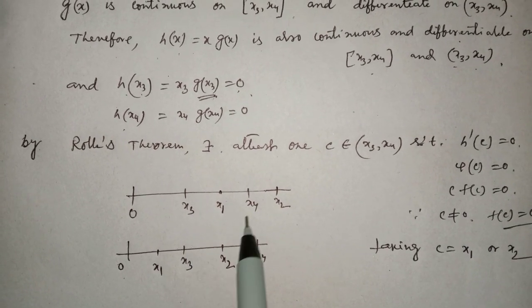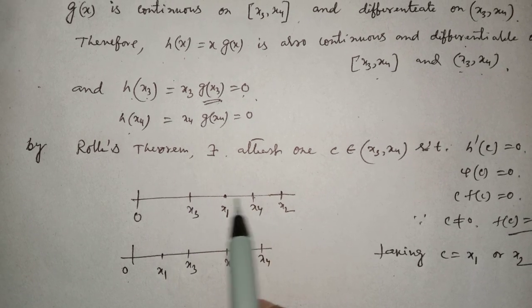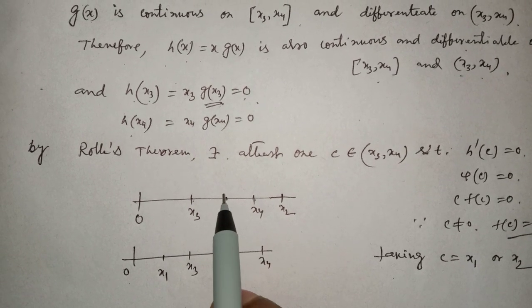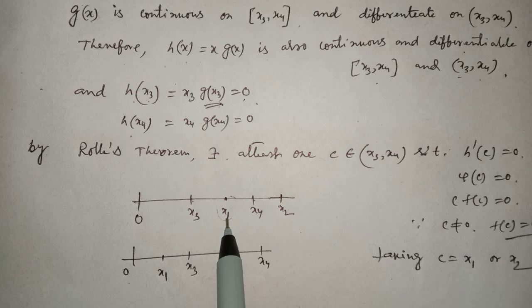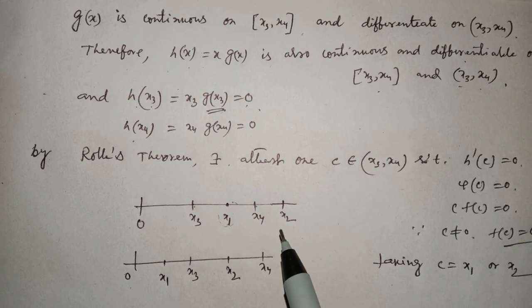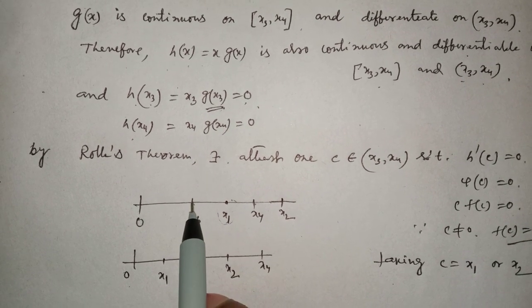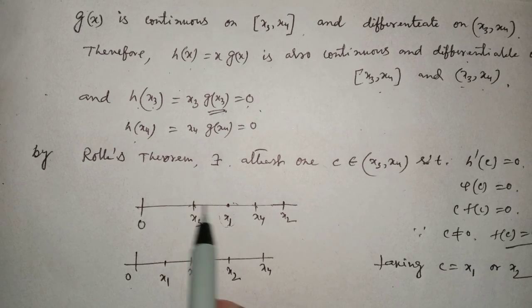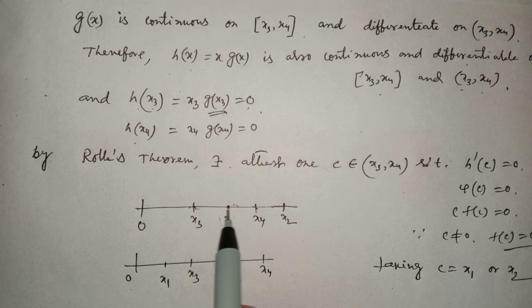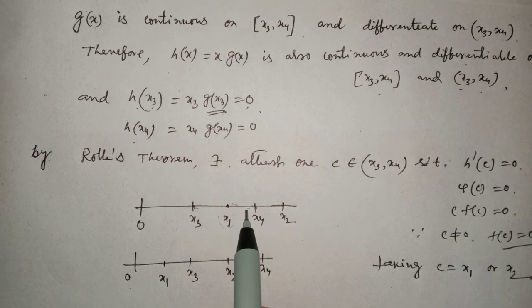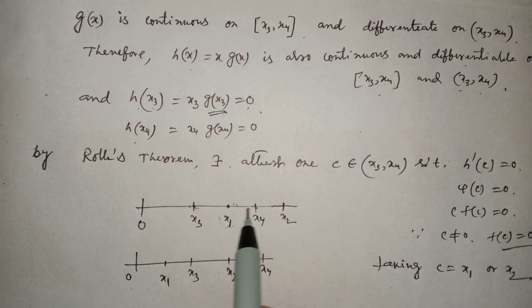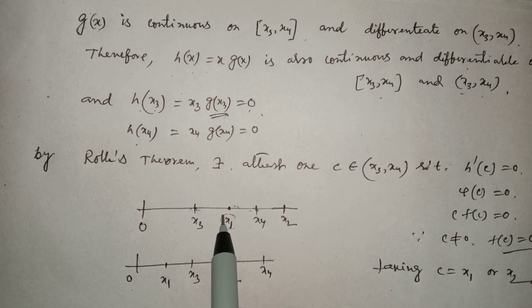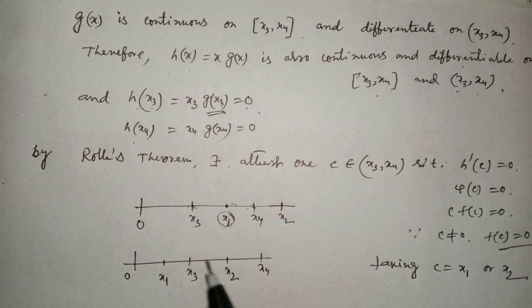Therefore we see that in the interval x3 x4 there exists x1 where f of x is 0. Since in the interval x3 x4 g does not vanish anywhere between x3 and x4, therefore x1 is exactly 1.